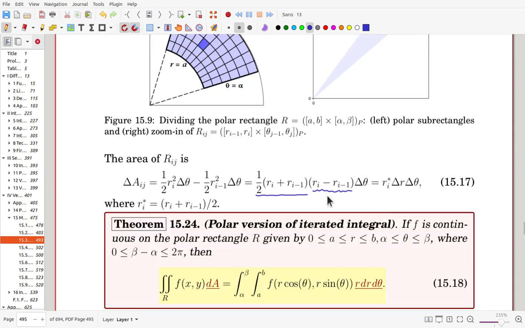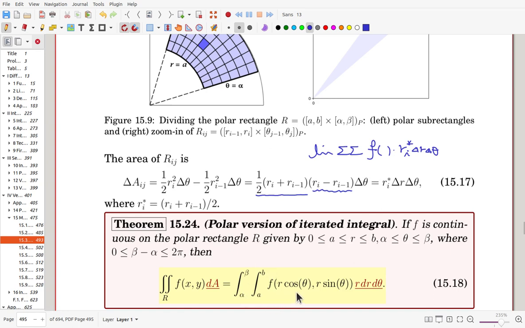So here, when we try to get the area, the Riemann sum will be a double summation in the R direction and theta direction, and f at some typical point times Ri and delta R, delta theta. Of course, we can put theta here. In this way, the Riemann sum is defined, and we take a limit in the R direction and theta direction, then that can be changed into this form.